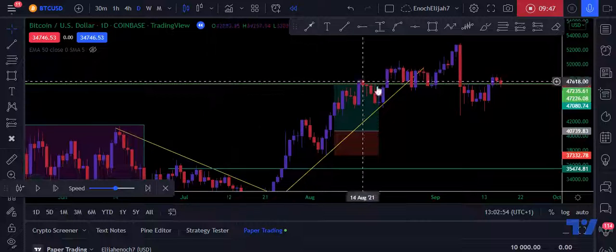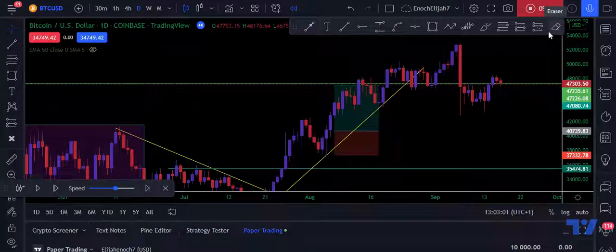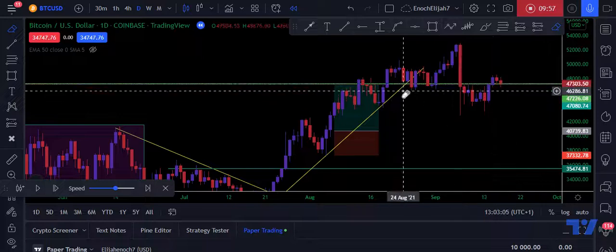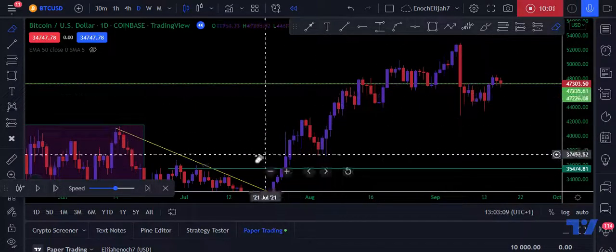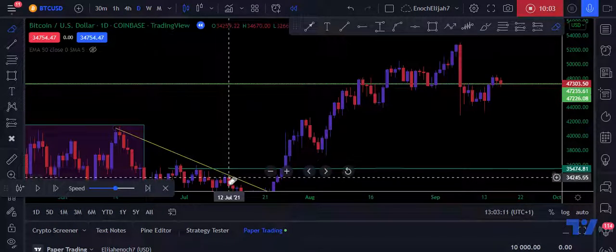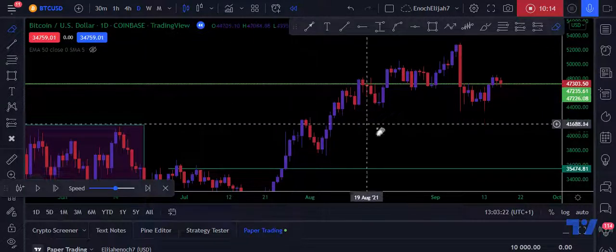So don't forget, this is a swing trading concept whereby I love to see a bullish price action on weekly and on daily, and then at times I can also go as low as the 4-hour time frame to enter at a very low risk zone.